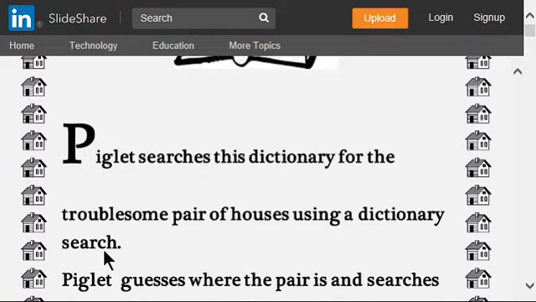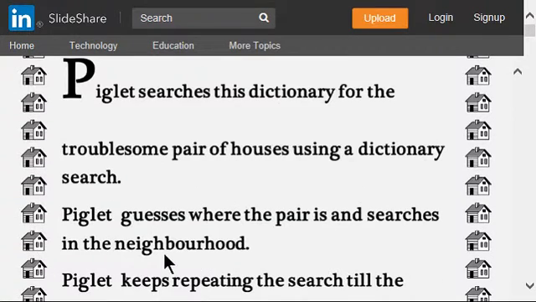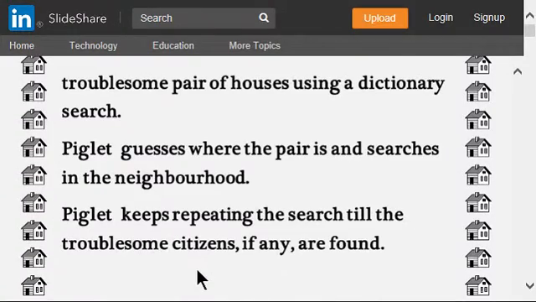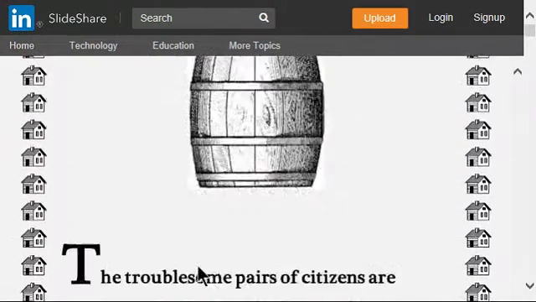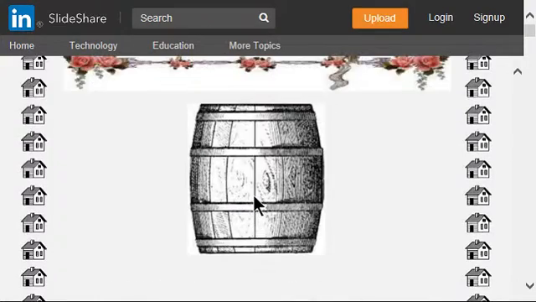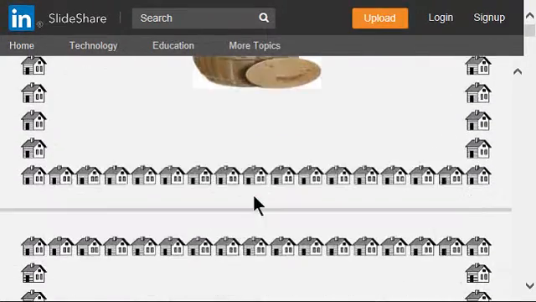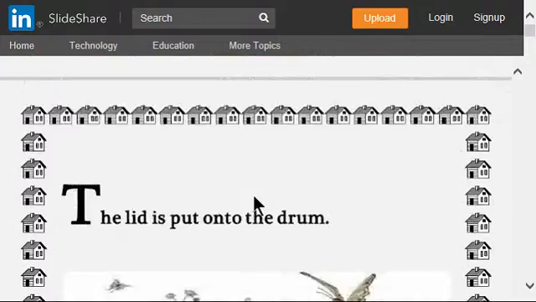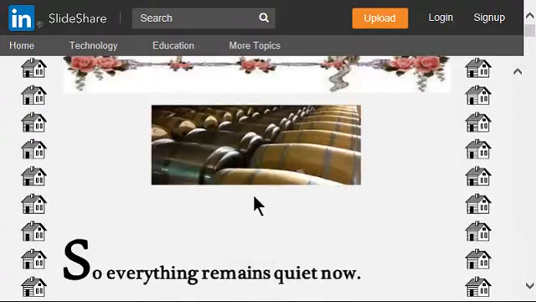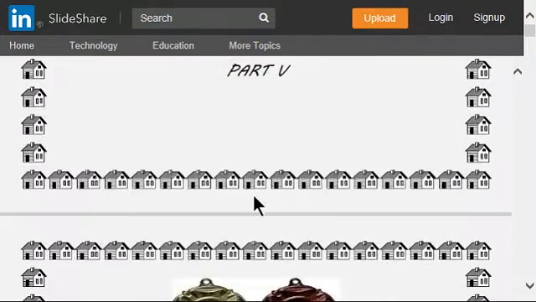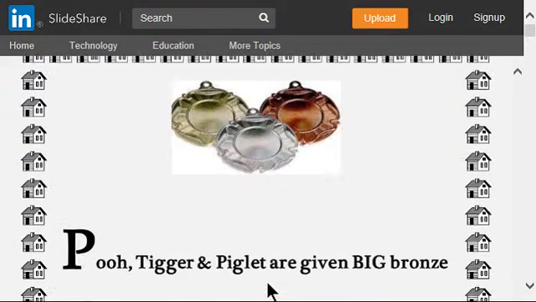Using a dictionary search, it's very fast. Piglet guesses where a pair is and searches the neighborhood. Piglet keeps on repeating the search till the troublesome citizens, if any, are found. The troublesome pairs of citizens are dumped into a drum. Then a lid is put onto the drum. Everything is quiet now. Now, Pooh, Tigger, and Piglet are given big bronze medals for their work.